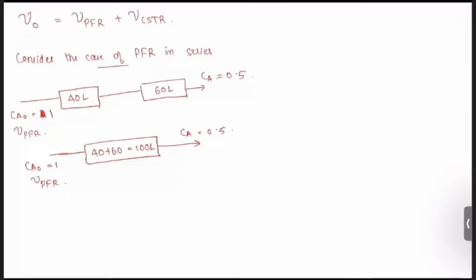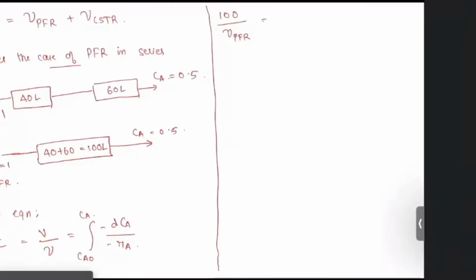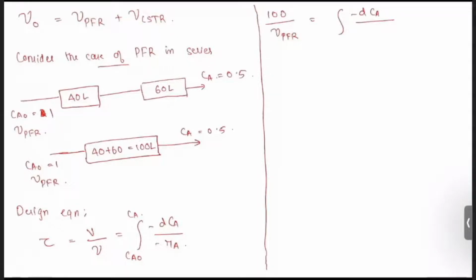Now if we write the design equation for PFR, it will be tau, which is V by nu, equal to the integral of minus dCA by minus RA from CA0 to CA. Let us substitute all our values here. So we have 100 liters by nu PFR equal to the integral of dCA by minus RA, and the reaction is first order.